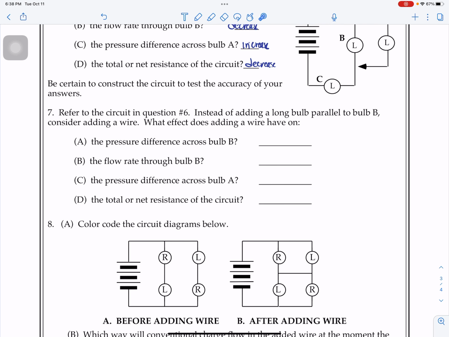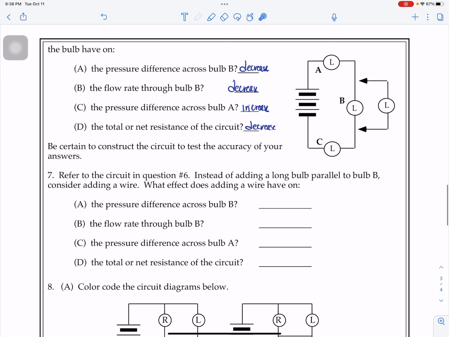All right, refer to the same circuit. Instead of adding a long bulb parallel to bulb B, consider adding a wire. Okay, so we are now going to short this out by adding a wire. And so remember, basically flow through here is going to cease. So the pressure difference across bulb B will basically go to 0. Flow rate through bulb B will go to 0 because there's no pressure.